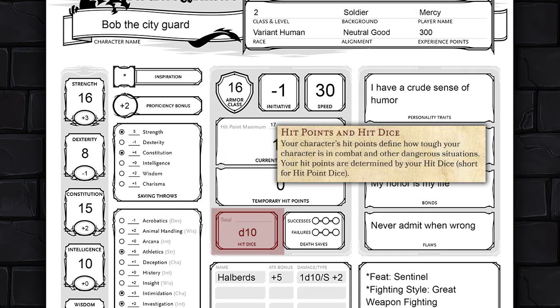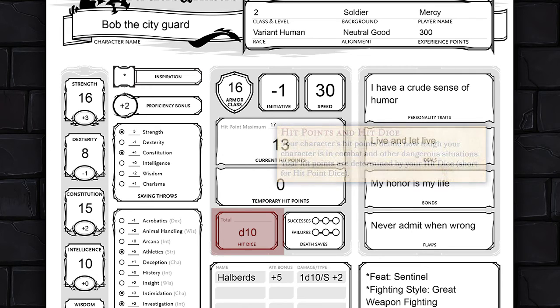So if you have multiclassed, then a little bit of a modification is going to be necessary. Let's say Bob takes a level in Paladin, he's going to be level 3. So the total amount of hit dice is going to be 3, but the hit dice are going to come from both classes. So in this particular example, that's going to be 3d10. But if Bob decides to multiclass into a class that has a different hit dice, then they're going to be separate, and they're going to be rolled separately.